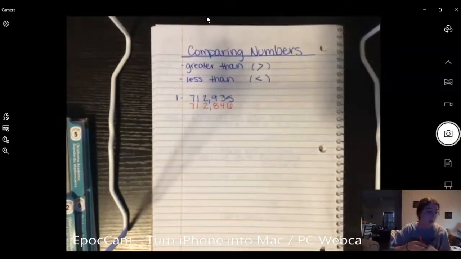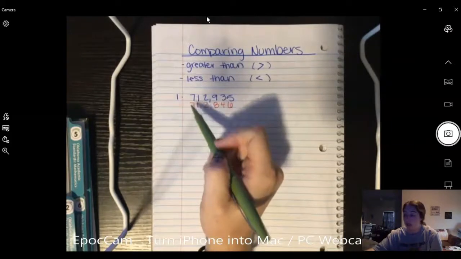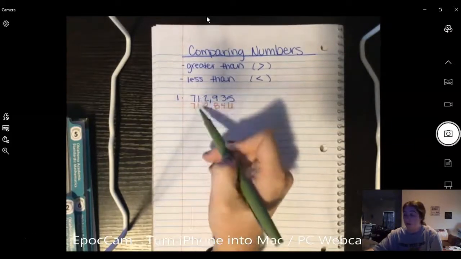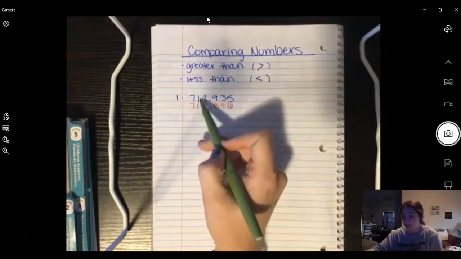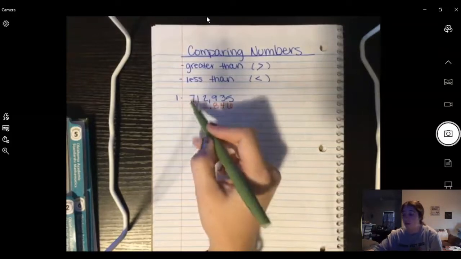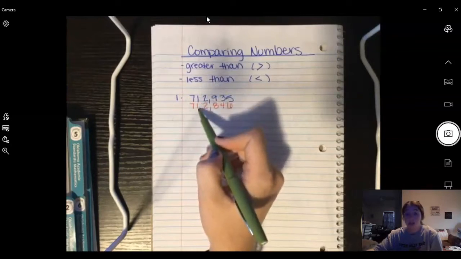So at first, when we come to this, starting from left, we see that each number has 7 in the hundred thousands. Okay, so far they're equal. Then we move on to the next place value. We come to 10,000s. I'm sorry, I said millions. I mean 100,000s. 1 is in the 10,000s in each of them.